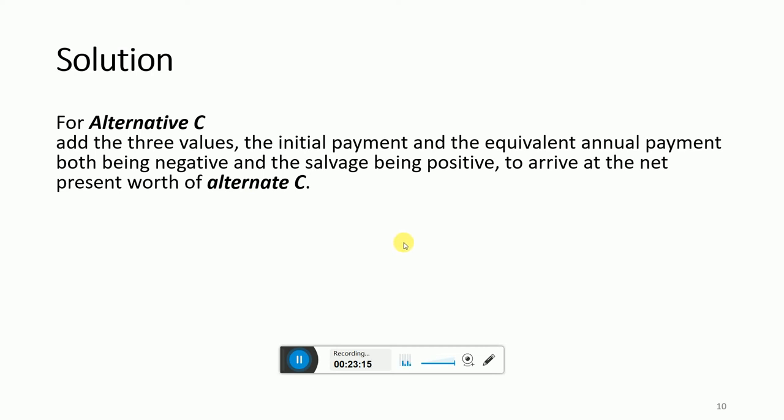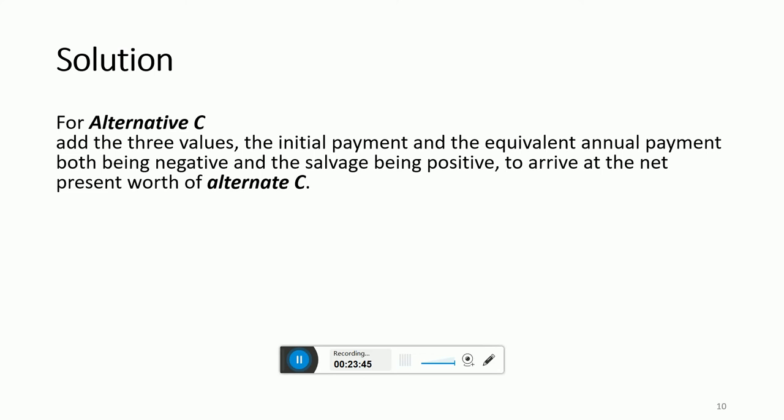For alternative C, we have to use the uniform series present worth factor to calculate the time zero equivalent value of the future payments, and the present worth compound amount factor to calculate the equivalent salvage value at time zero. There we are going to use two different formulas. The two formulas which we have used for calculating alternatives A and B, we are using both of those factors.